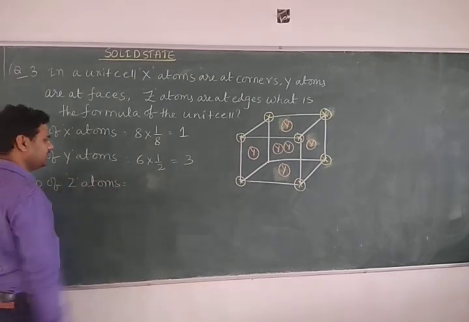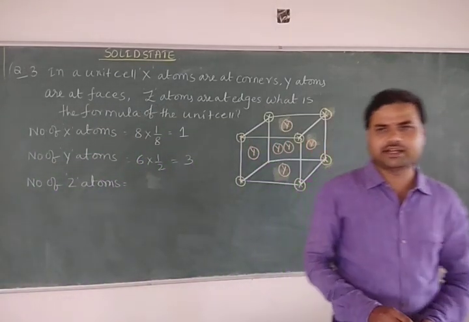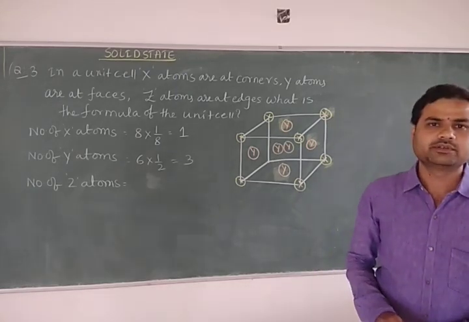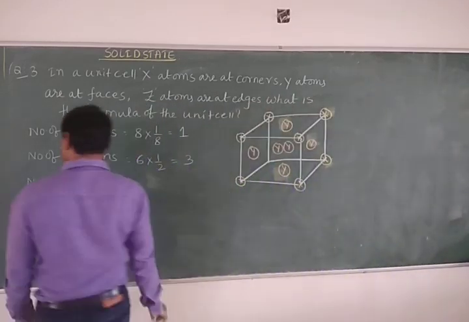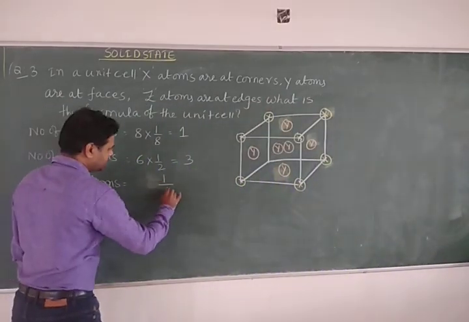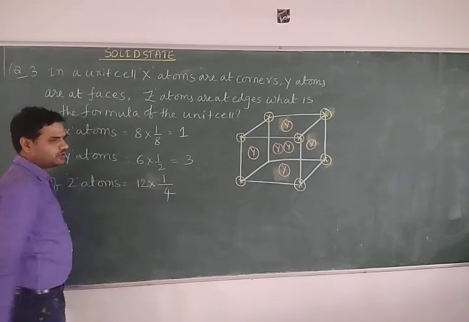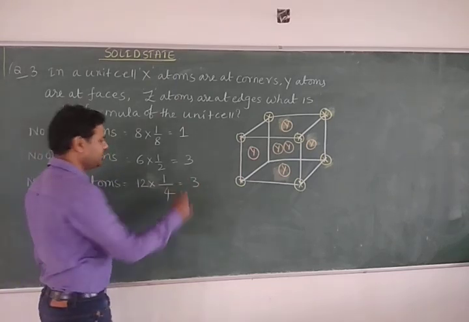I think I have explained it clearly in the last class, but once again I repeat it. At edges, the contribution is 1 by 4. The total number of edges is 12. Therefore here also we are taking 3 only.